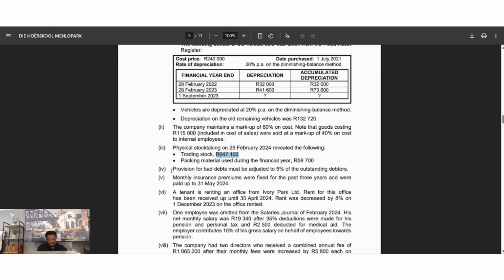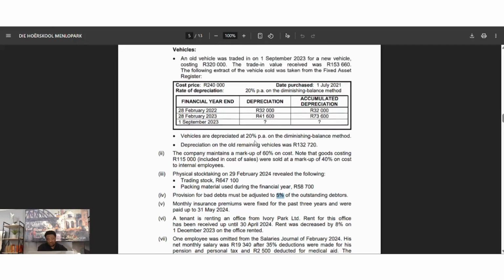And then the other thing we can look at is provision for bad debts adjustment. Here it says that provision for bad debts must be adjusted to 5% of the outstanding debtors. So when you get this information, one of the things that you need to look for is what transactions were reported that were affecting debtors control.